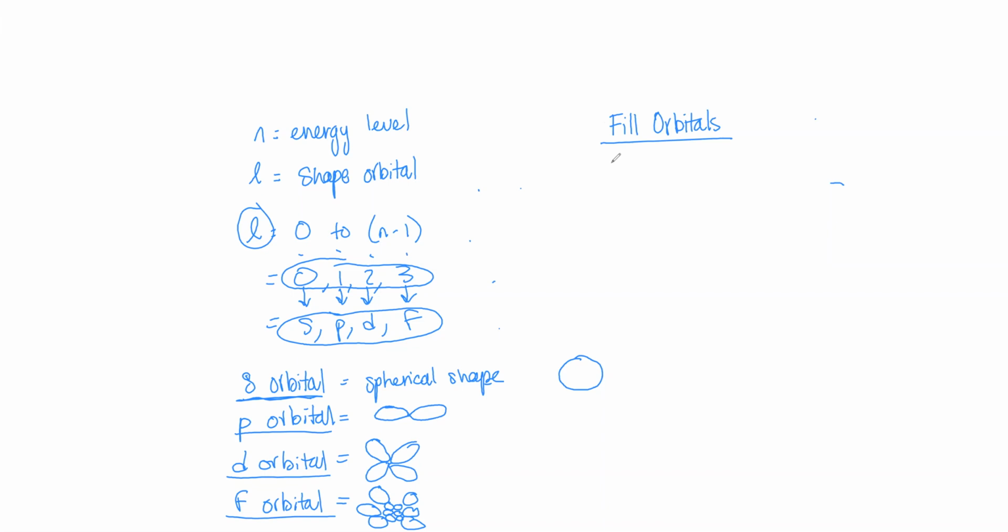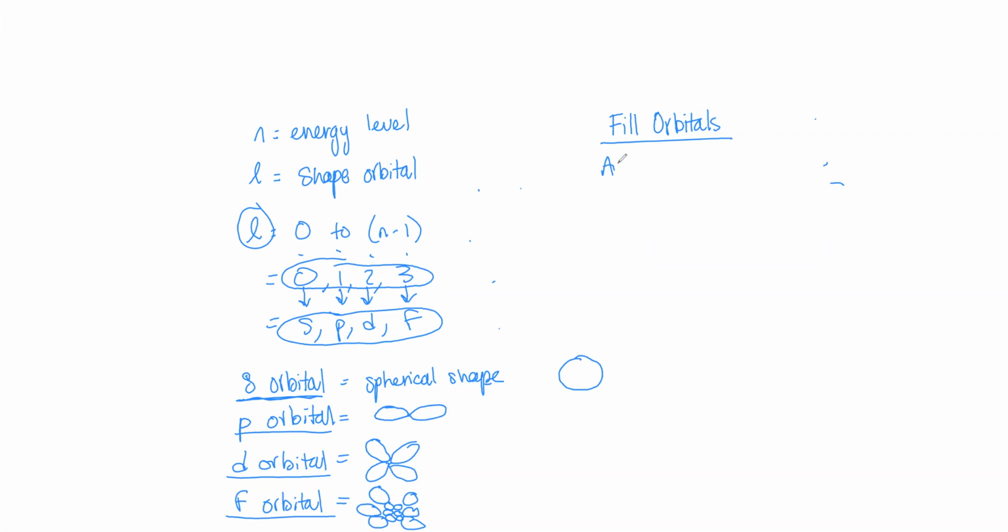So remember, there's two electrons per orbital, and then there's subshells within those orbitals. So let's just go through the rules real quick.